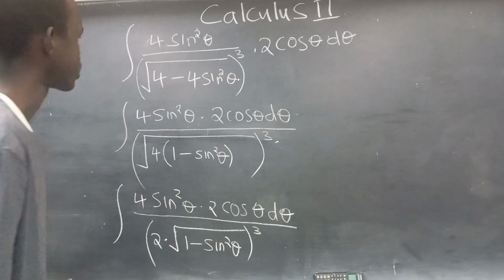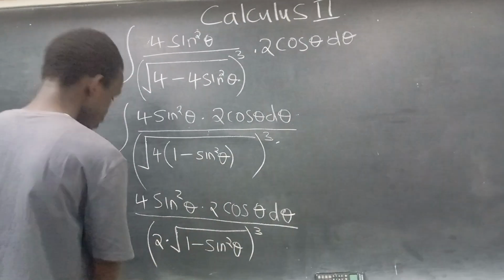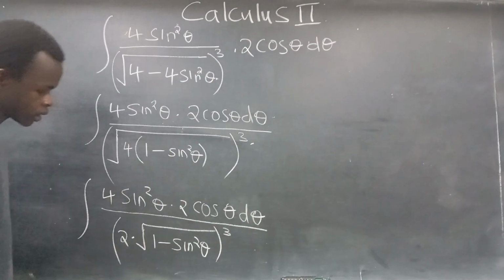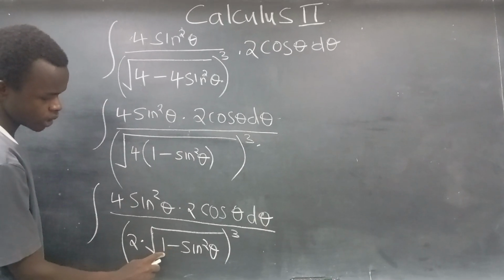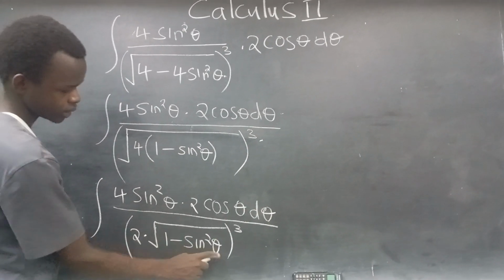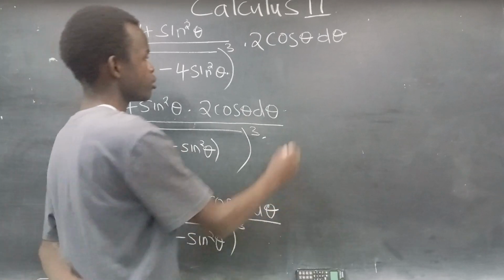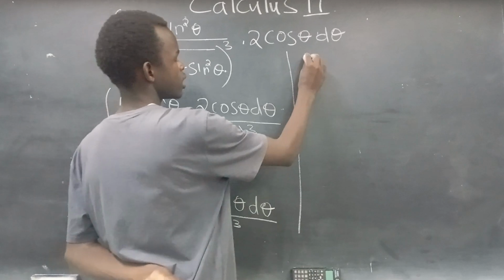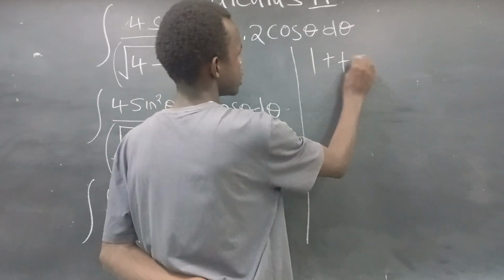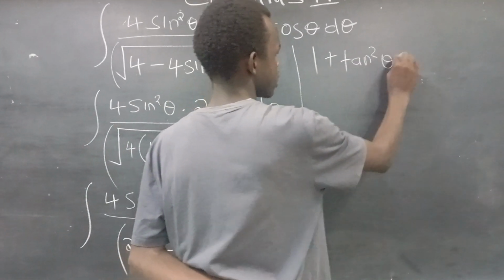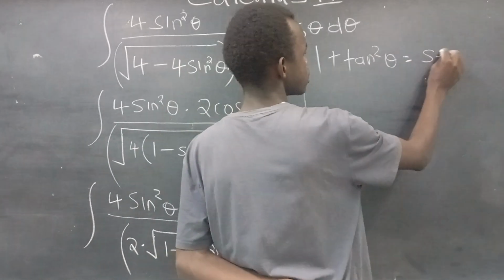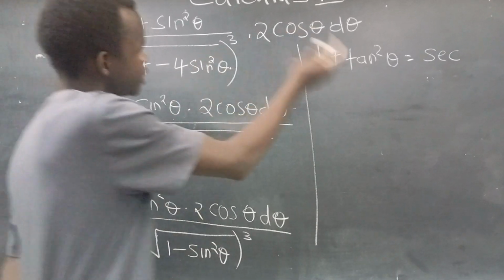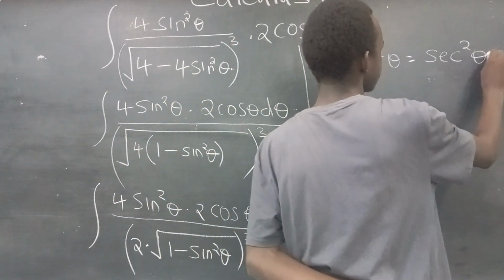So just continue with the same procedure and clear the upside. So from there, what is 1 minus sine squared of theta? In my previous videos we said, what's the Pythagorean identity? One Pythagorean identity is 1 plus tan squared of theta equals secant squared of theta, but we won't be using it.